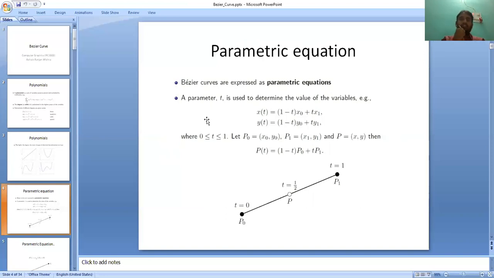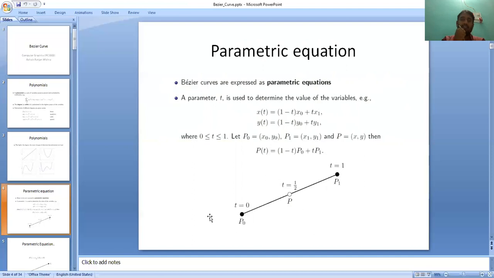Now when the value of t is 0, we are talking about point P0, the first end point. When t is equal to 1, then we are talking about the second end point, and when t is equal to half, we are talking about the middle of the straight line.